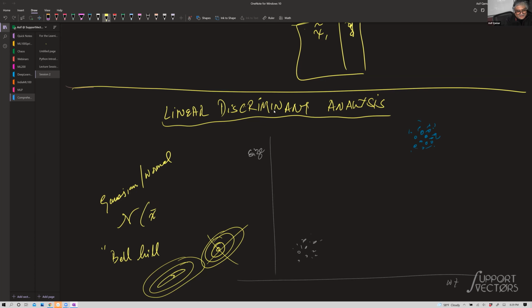This is the X given what? Mu. And what else does a bell curve need? Sigma. Because it's a multidimensional vector, it becomes the uppercase, the covariance matrix, but I'll just write it as this, right?